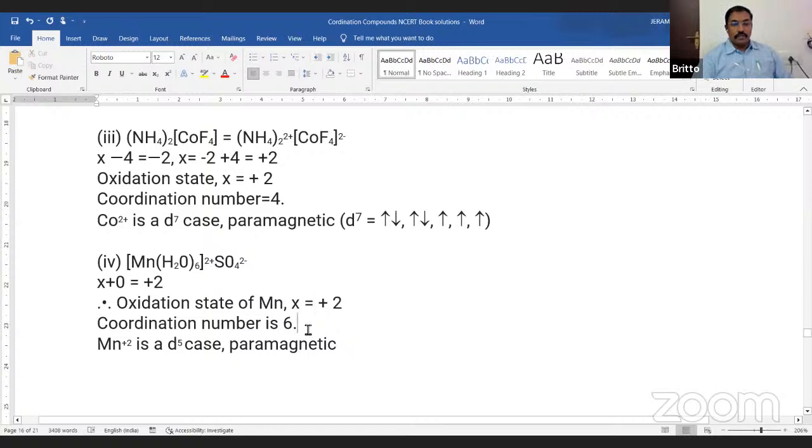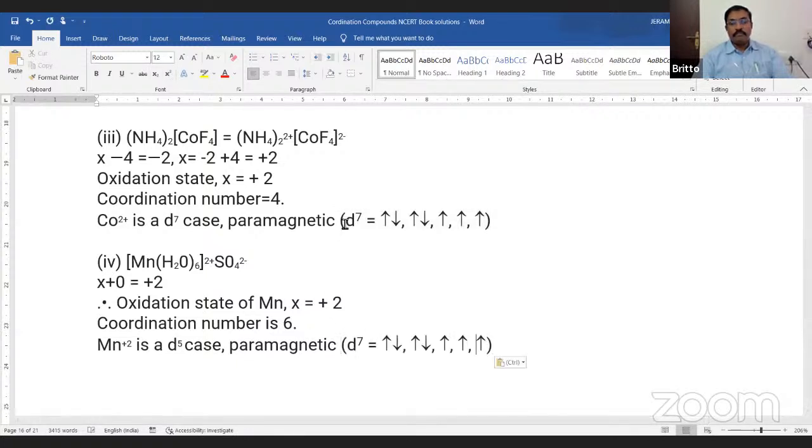And then Mn2+. What is the atomic number of manganese? 25. So Mn2+ is a d5 case. There are 5 d electrons, and water is a weak field ligand. How will you arrange the d5? d5 generally means 1 electron in each of the 5 orbitals.